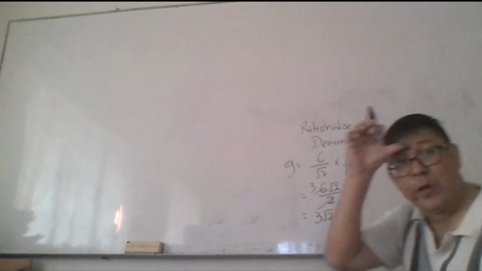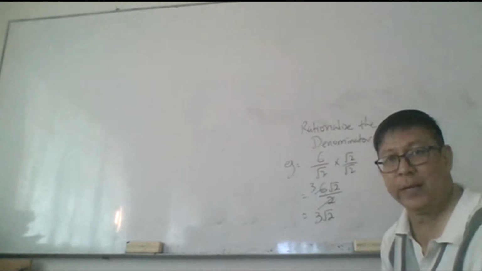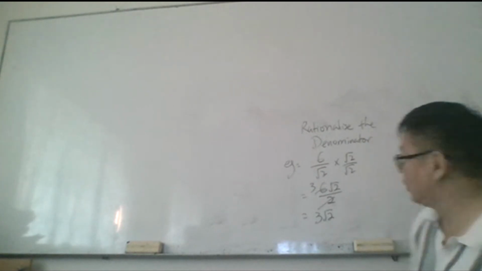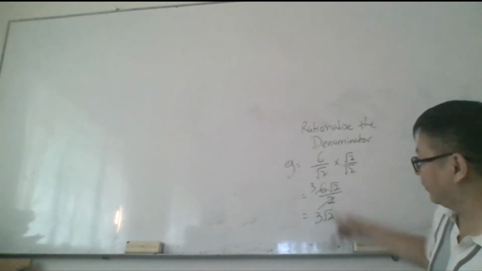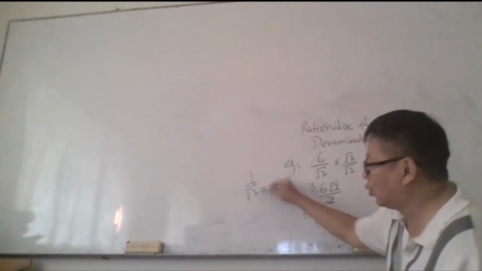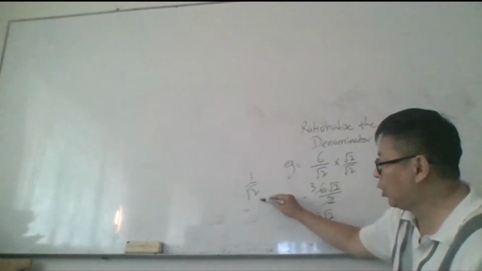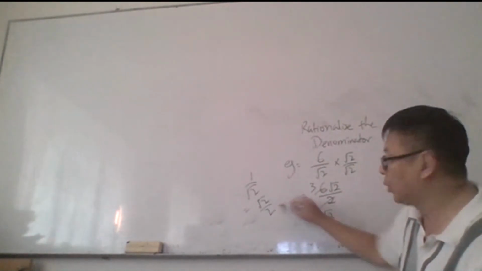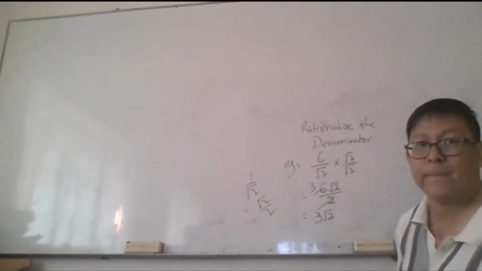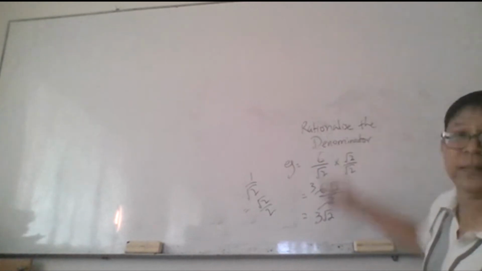That's why if you use your new calculator, the Casio 570 series, sometimes you are not able to get 1 over square root of 2. The answer will come as square root of 2 over 2, because they already programmed it using rationalize the denominator.